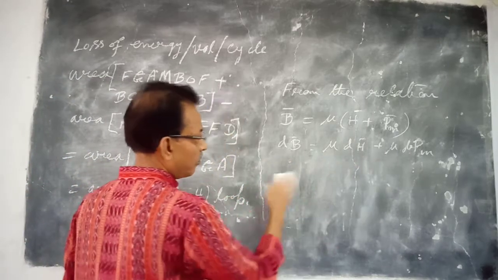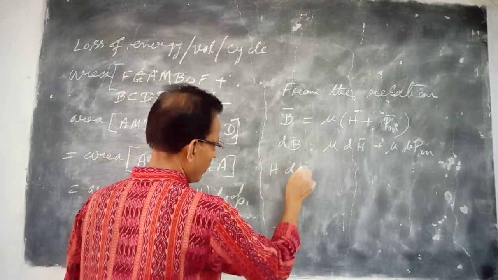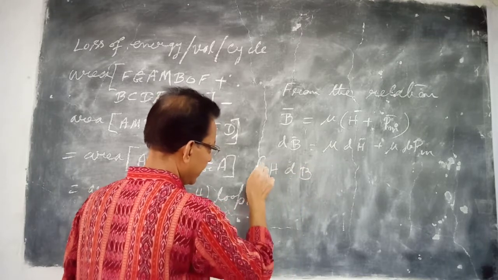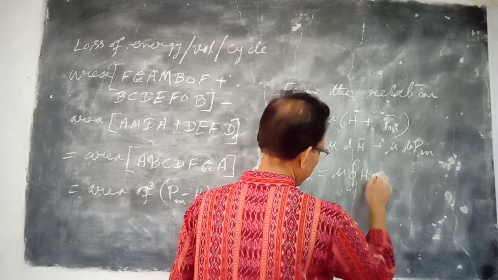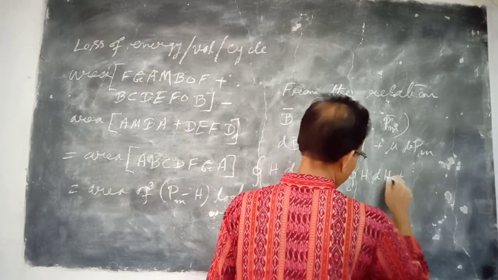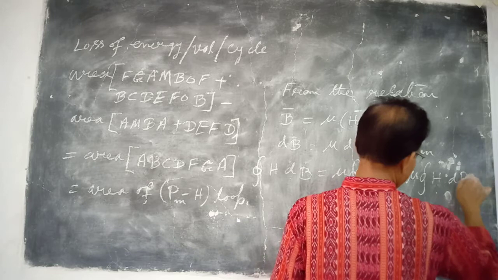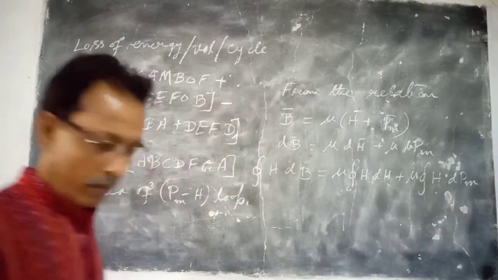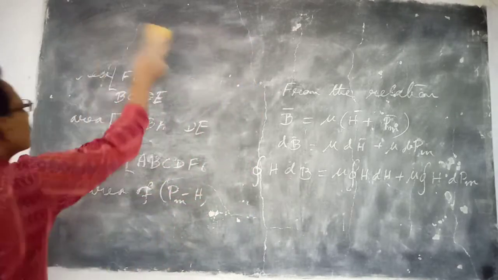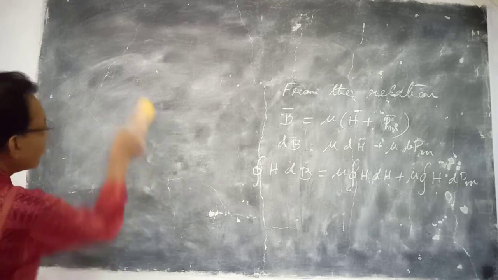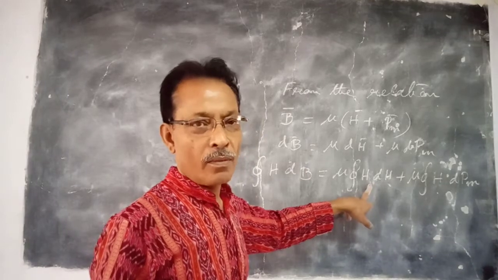Now, if we multiply by H on both sides and integrate, H dB, mu H dH plus mu H dPM. What is the value of this area? H dH represents an area.